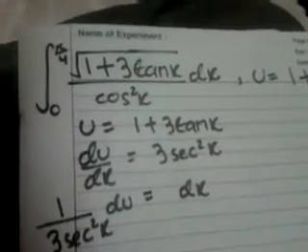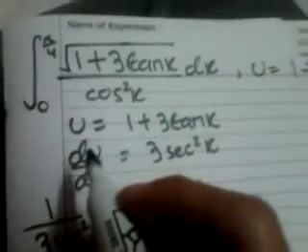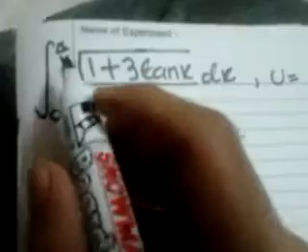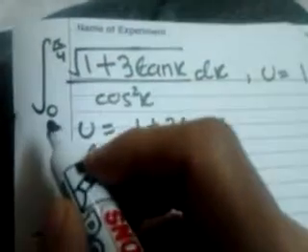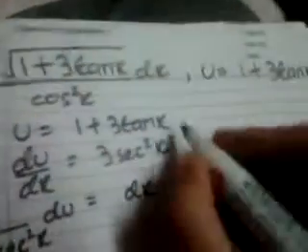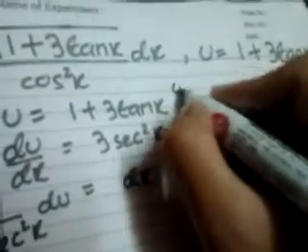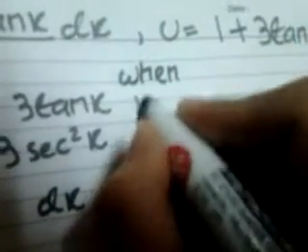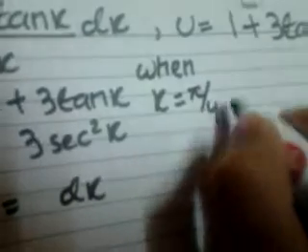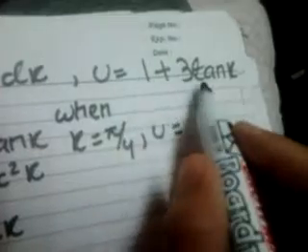Another thing is we need to replace everything else as well with u. So here the limits are in x. Since we are integrating with respect to x, the limits are of x. So we need to replace the limits with u as well. That is to say, when x equals, what's the higher limit? The upper limit is pi by 4. u equals, what's u? 1 plus 3 tan x.